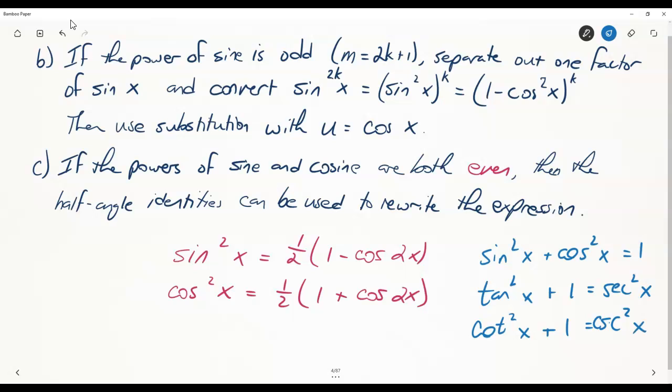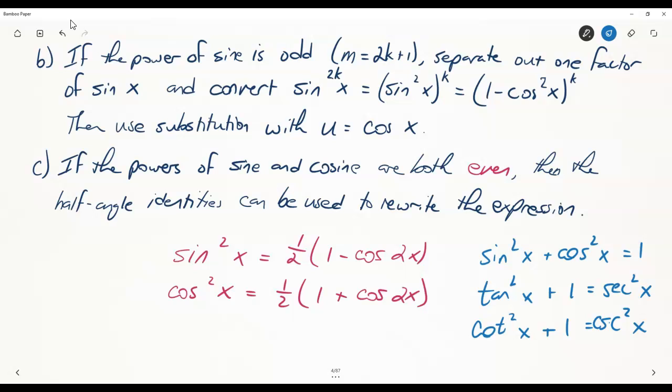What I want to point out to you is notice that the identity for tangent and secant is almost identical to the one for cotangent and cosecant. You just replace tangent with cotangent, and you replace secant with cosecant, and now you have the other identity.